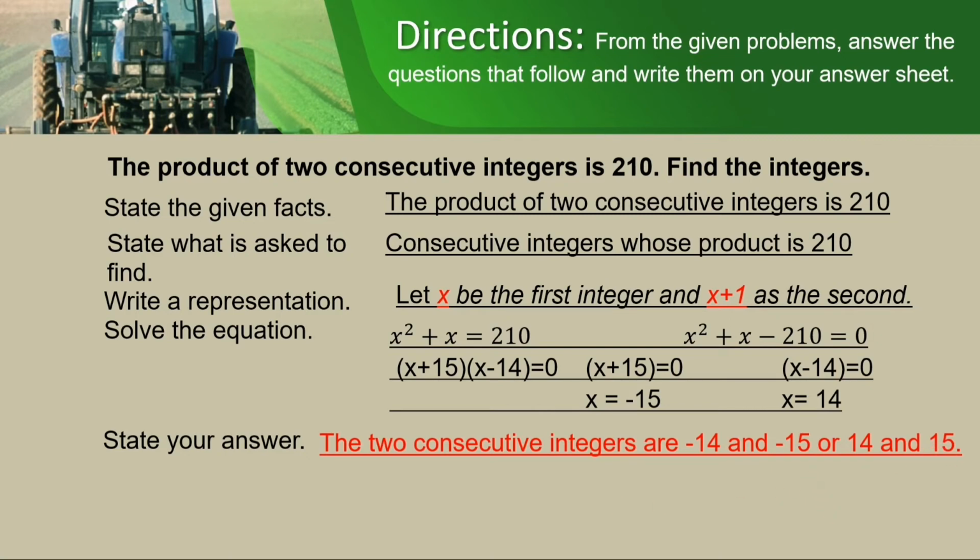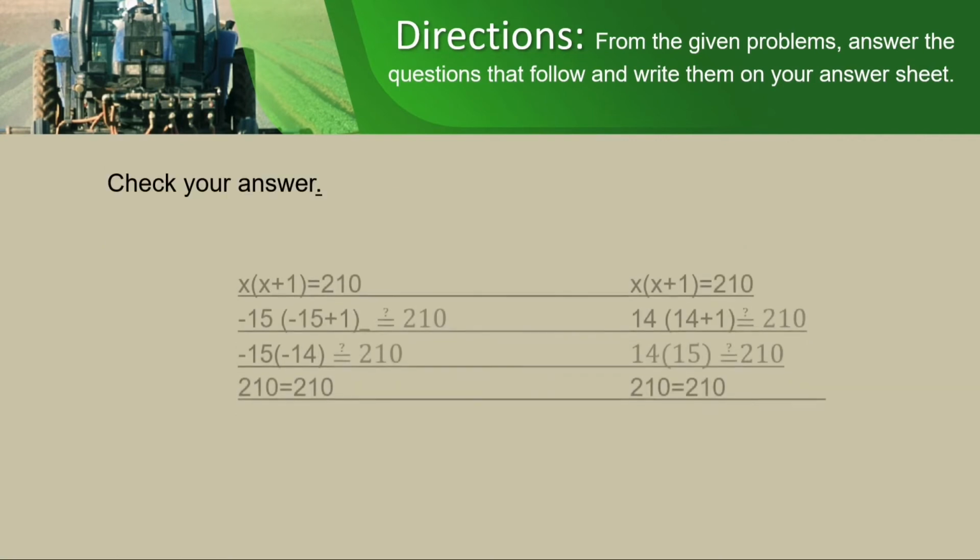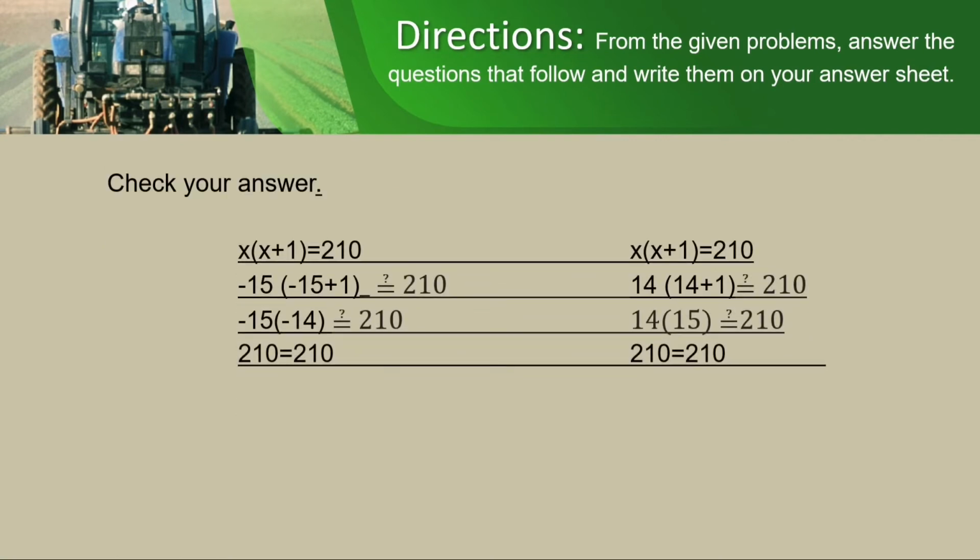Let's check your answer. So as represented, the first integer will be x and the second integer will be x plus 1, and equated it to 210. Using negative 15, you will get the consecutive number as negative 14. So, is it equal to 210?